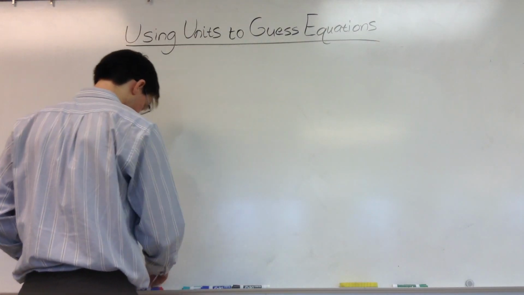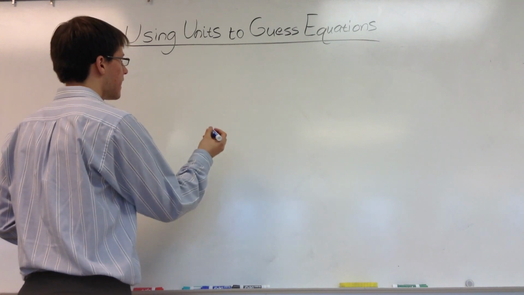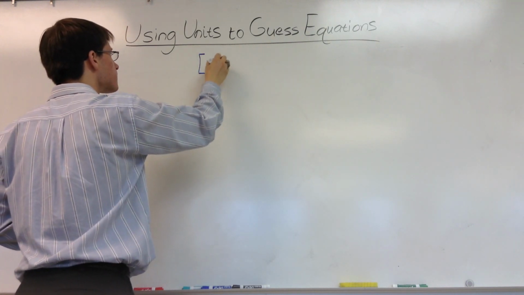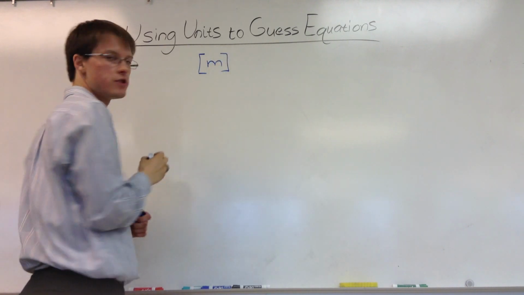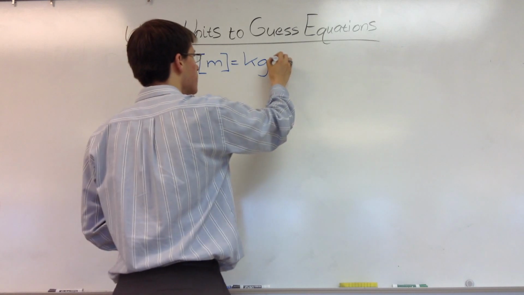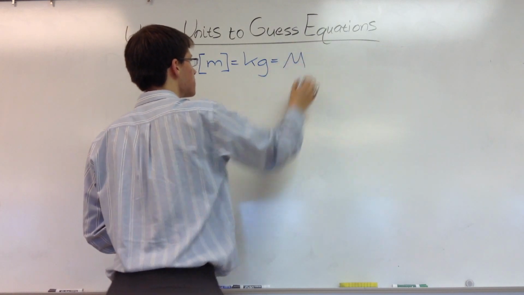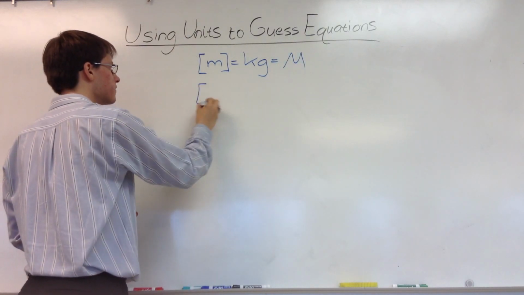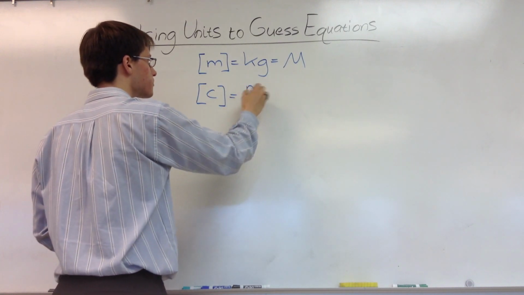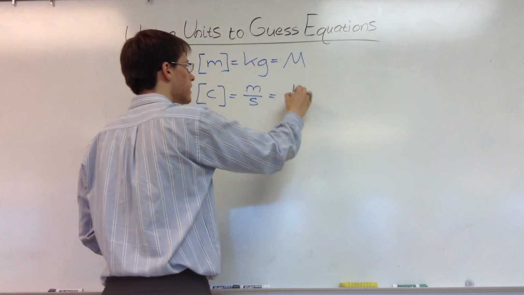Suppose we have a mass, which has units, of course, of kilograms, also known as mass. And suppose we have the speed of light, which has units of meters per second, or length over time.